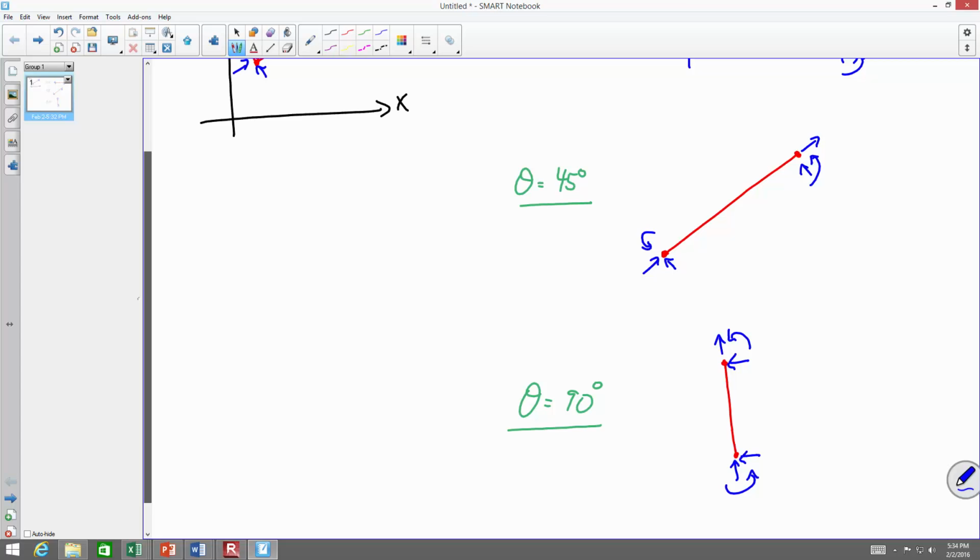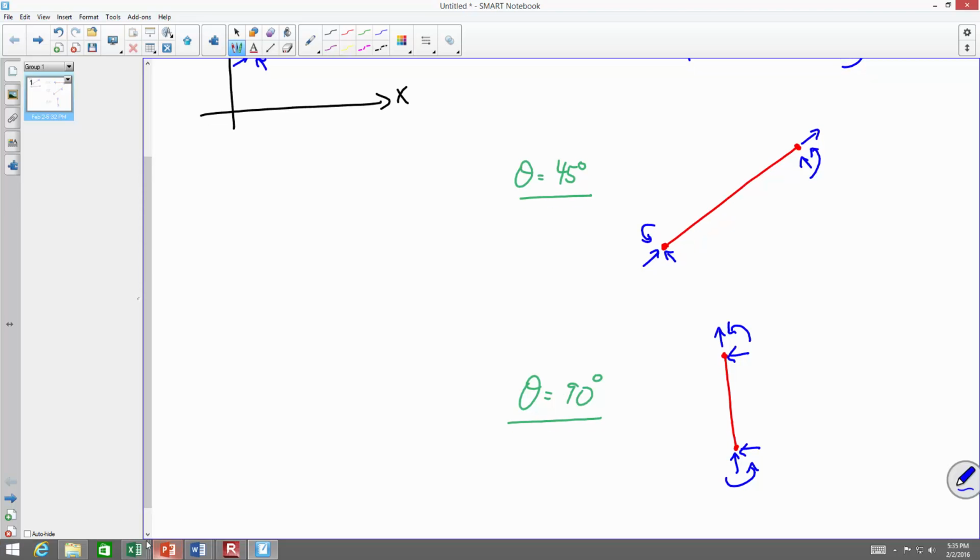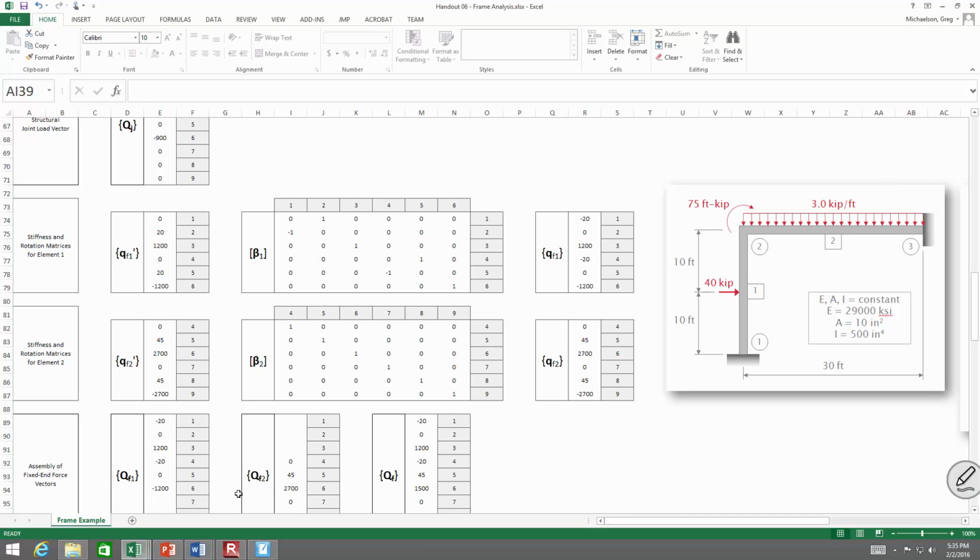Do you see that? What happened between the translation of local to global coordinates right here? These switched and they became negative. Why did that matter?